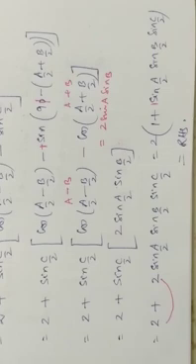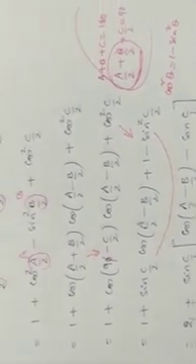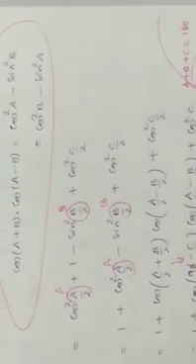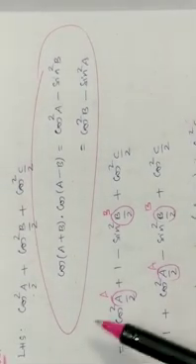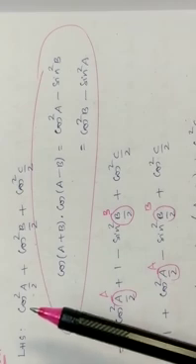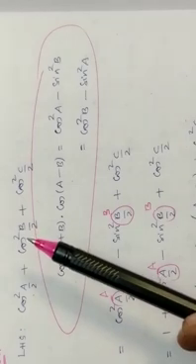In the beginning of this problem, the important point we have to remember is that in the problem we have square terms, cos square, cos square.